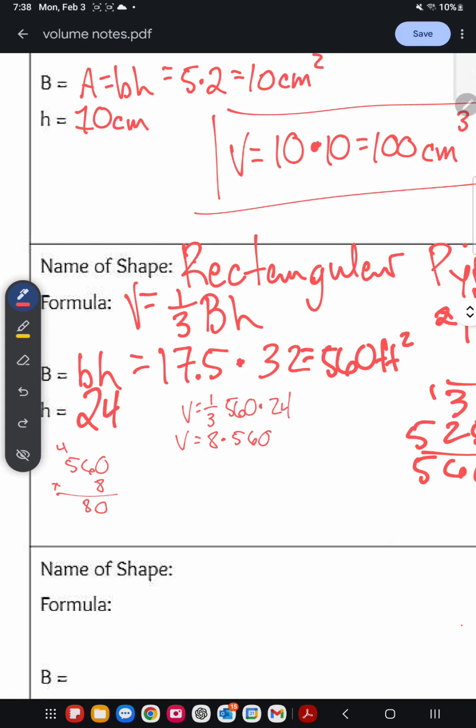Regroup. 8 times 5 is 40 plus 4. Volume is equal to 4,480 feet to the third power.